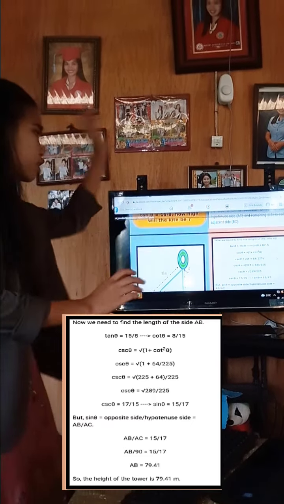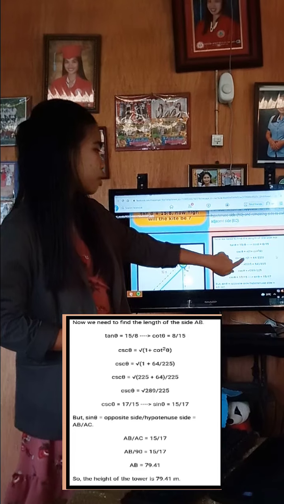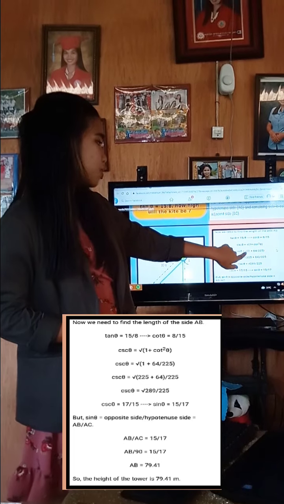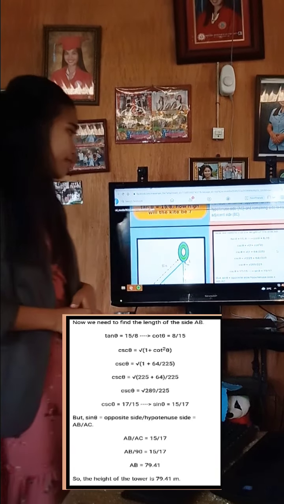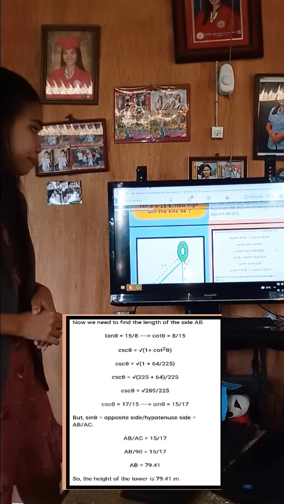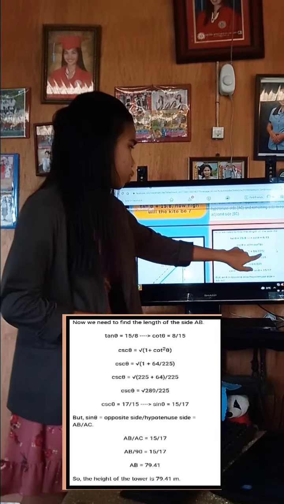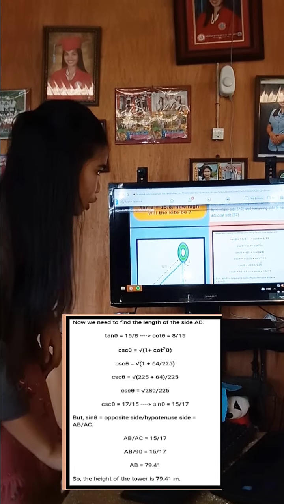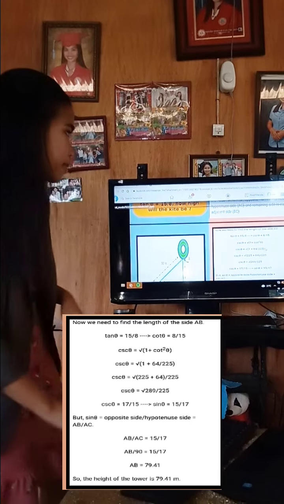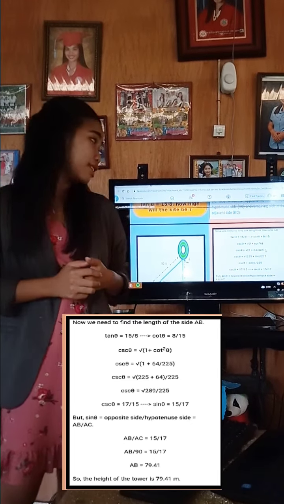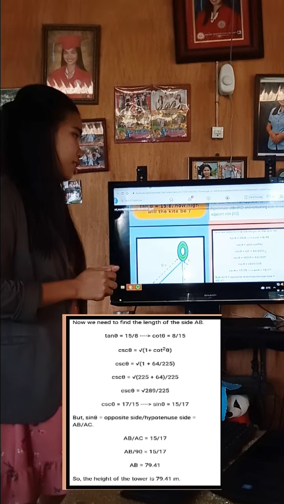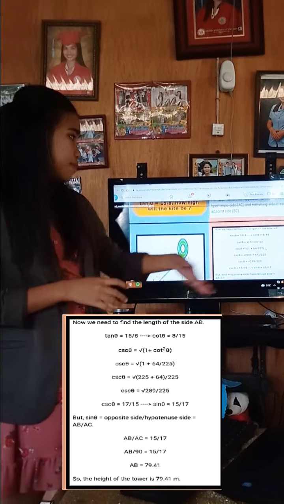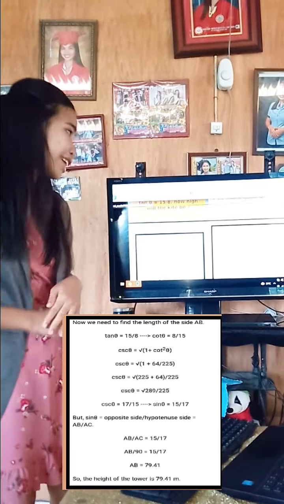So the cosecant theta equals the square root of the quantity of 1 plus 64 all over 225. We find this 64 all over 225 because we type the cotangent squared theta in the scientific calculator. So the result would be 64 all over 225.